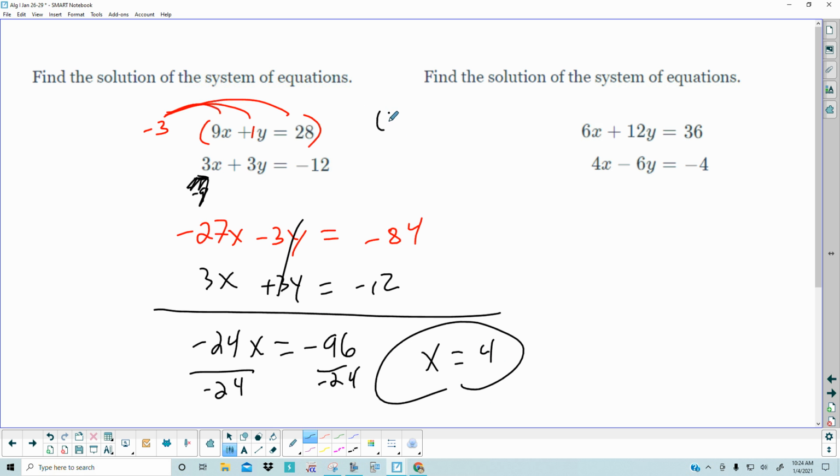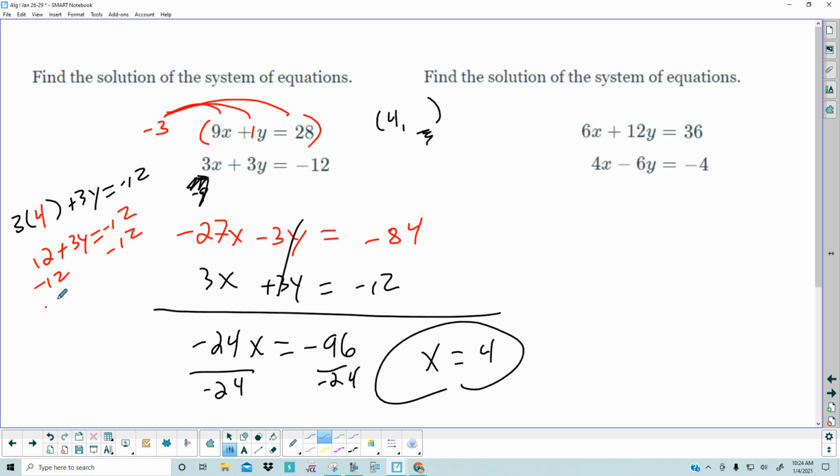Now that you know your x value is 4, you still have to find the y value. And you do that by distributing it into either equation. How about the bottom one? 3 parenthesis plus 3y is equal to -12. The 4 is the x value, so I have 12 plus 3y is equal to -12.